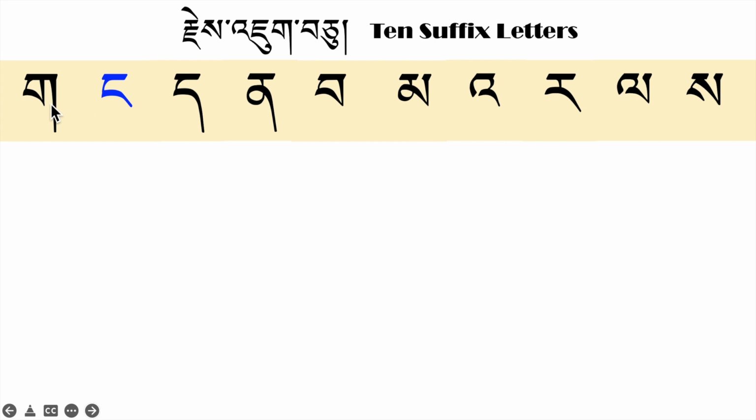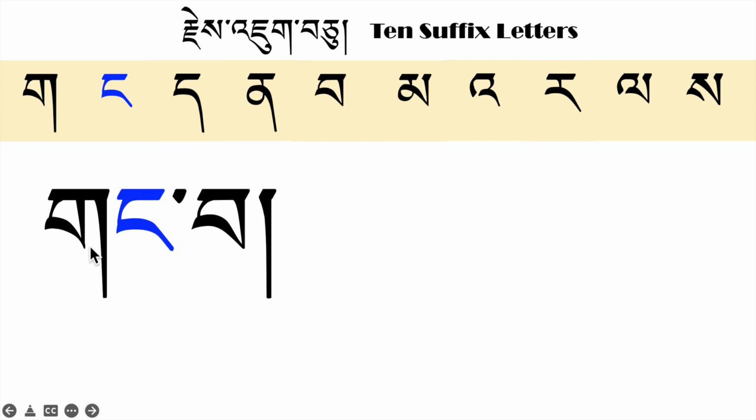You have to remember these ten letters, so keep them in your mind. In the previous video we learned the first jinjuk with examples and word meanings, and similarly today we are going to learn jinjuk nga, with examples, meanings and so on.